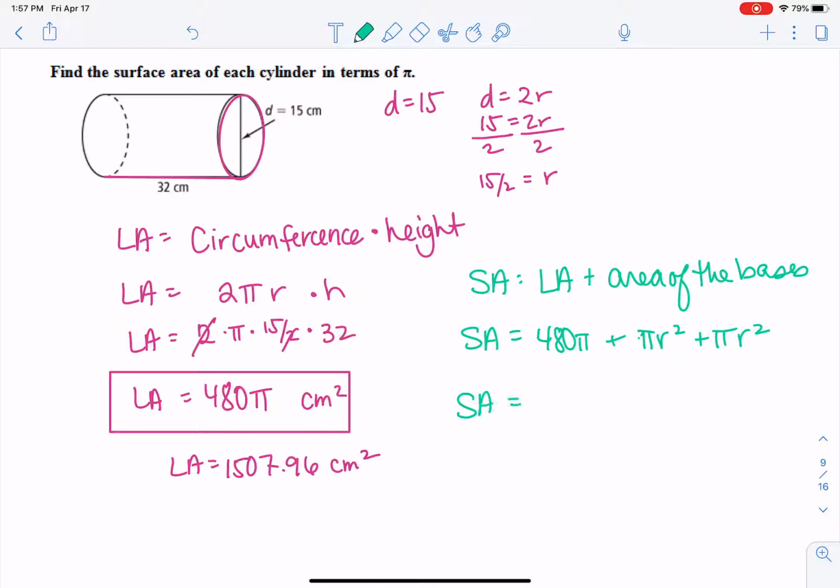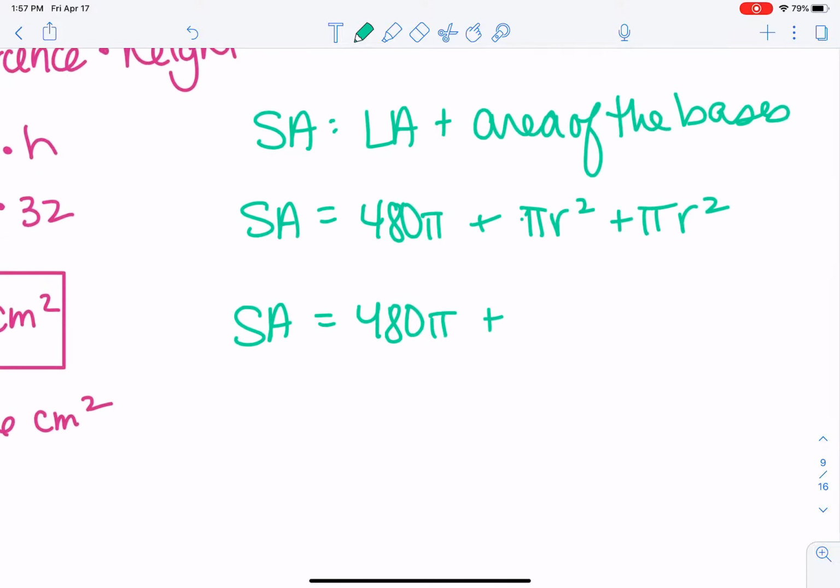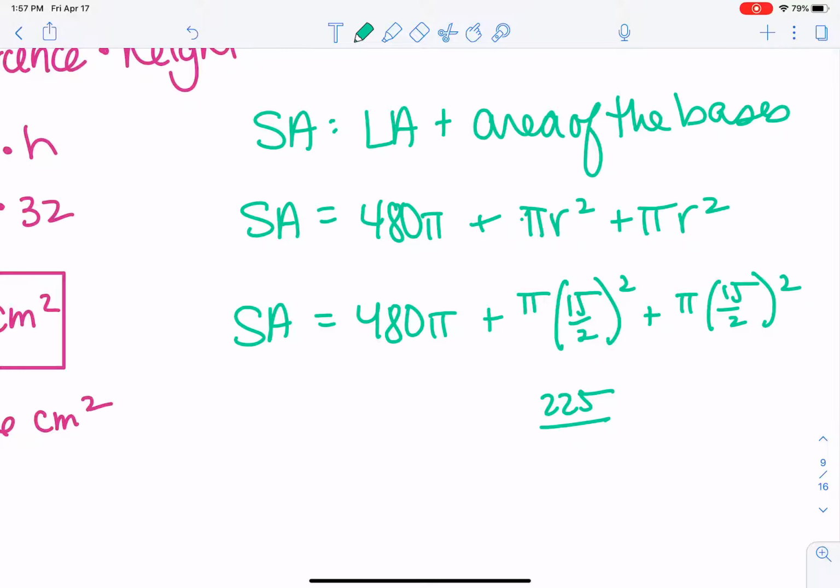So the surface area is 480 pi plus pi times 15 over 2 squared plus pi times 15 over 2 squared. Again, if you just want to do the decimals, it's 7.5. So 15 squared is 225, and 2 squared is 4.